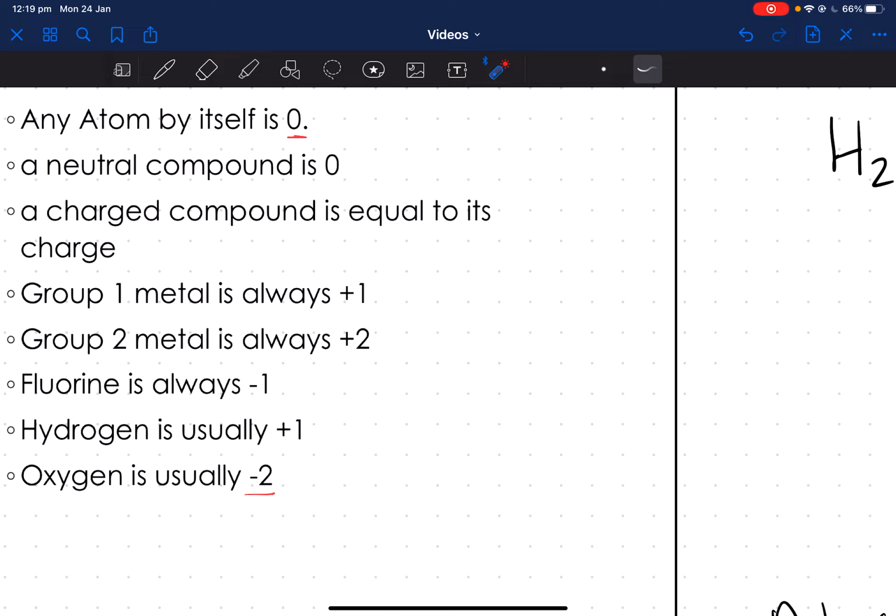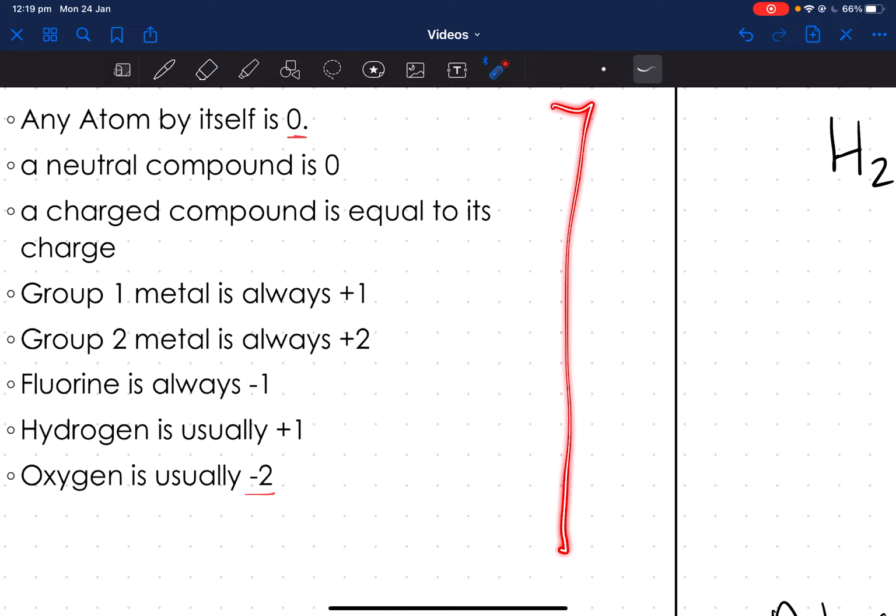Fluorine is always -1. Hydrogen most of the time is +1, but it can be -1 depending on the molecule. And oxygen is pretty much always -2, but when it is in H2O2, it becomes -1. But that's the only case that I think you even have the chance of getting as an example on your external exams. So just remembering it should be around about -2.